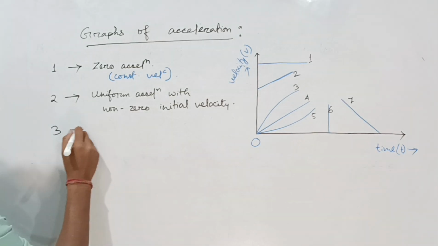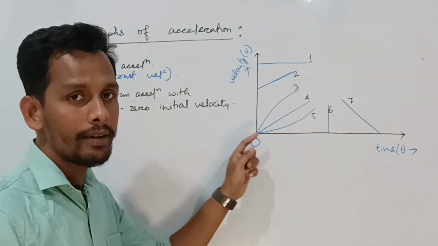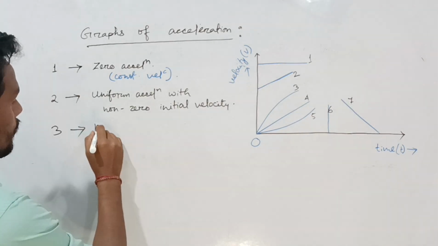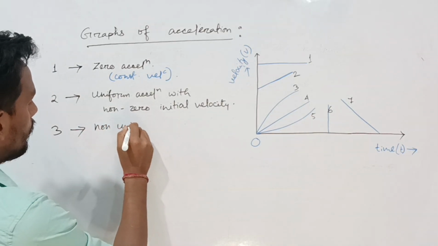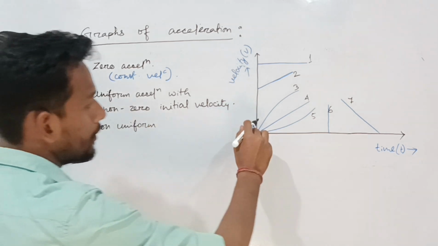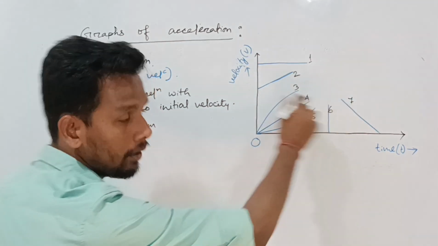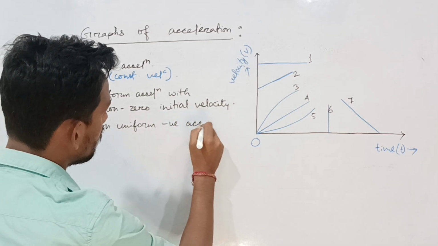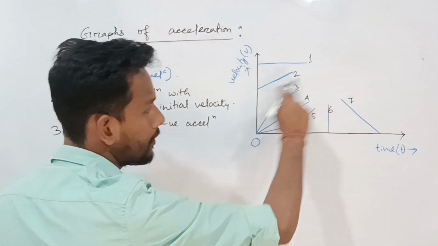Graph 3 is the non-uniform acceleration. It is decreasing after some time, so it is non-uniform negative acceleration.